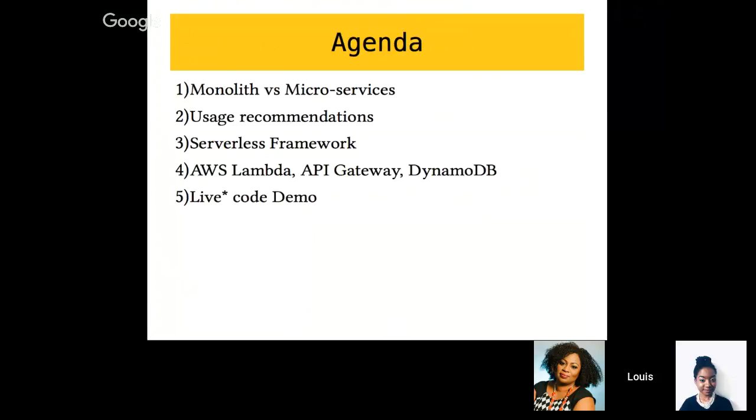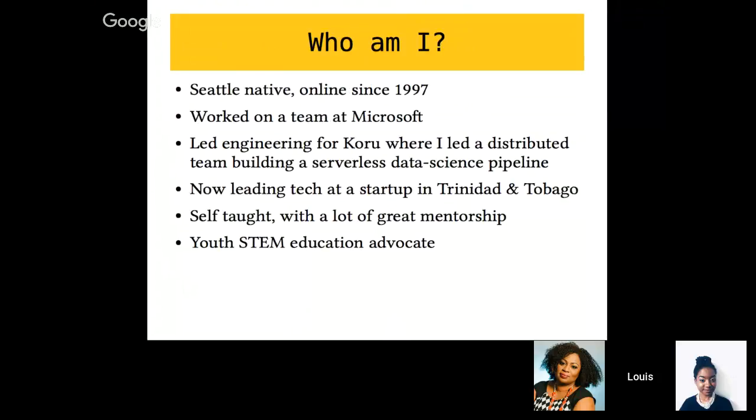So quick, as Ariel said, I'm originally from the Pacific Northwest, Seattle. I worked briefly on the team at Microsoft, left as soon as I realized that the corporate world wasn't quite for me.